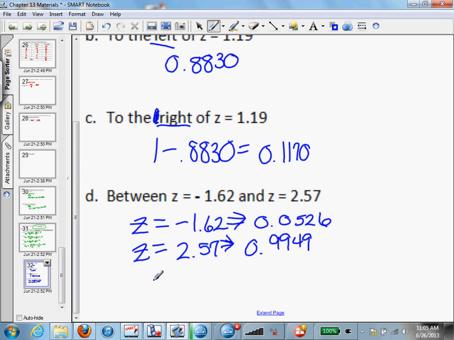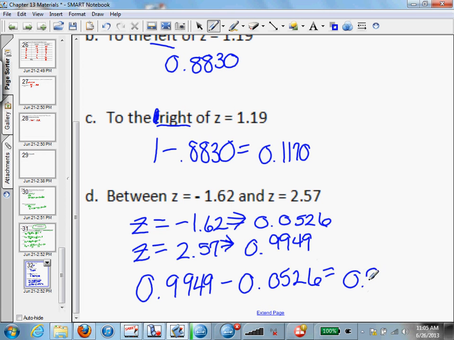And now what you want to do is take the larger one, 0.9947, and subtract the lesser, 0.0526. That's going to give you an area of 0.9421 as the area between those two z values.